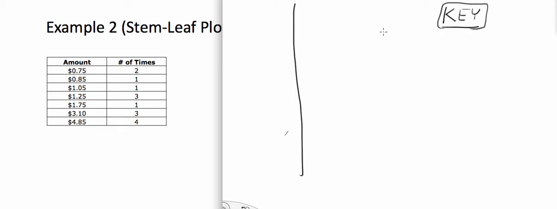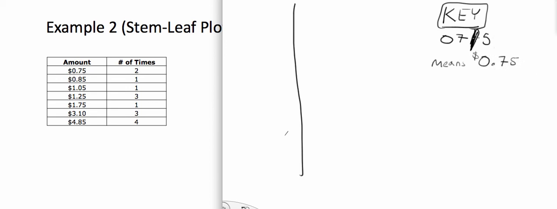So what I'm thinking of doing is I'm going to go like this. So our key, we're going to have 0, 7, and then a vertical line, so that represents this vertical line, 5, that means 0.75, so that means 75 cents.